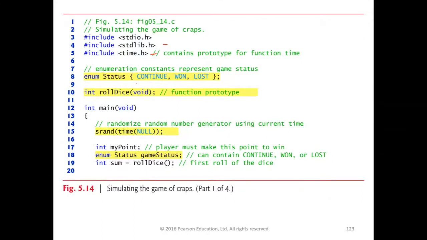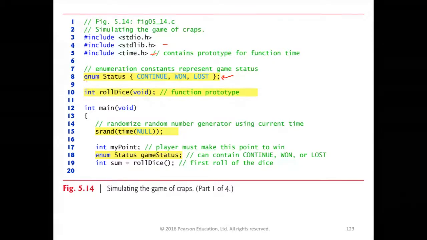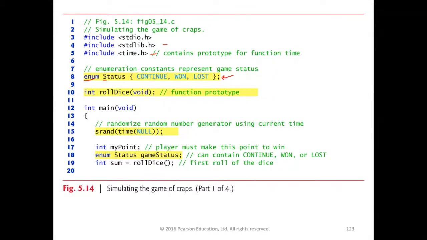Now the next thing to note here is that you have an enumeration constant, an enum data type, which is declared before your main function. And what does it do? You have the keyword enum, and you have the name that you want to assign to your enum data, and then you basically have three names inside curly braces.